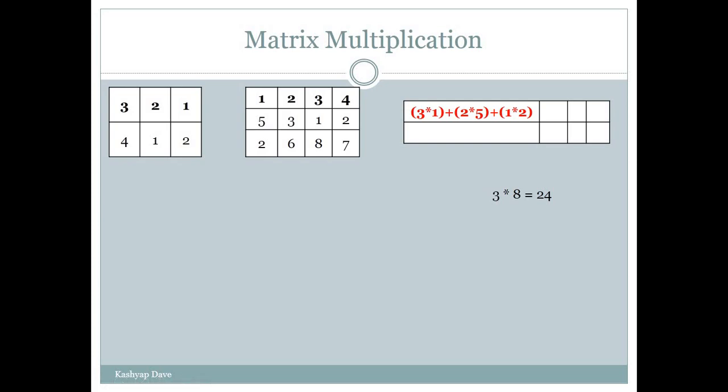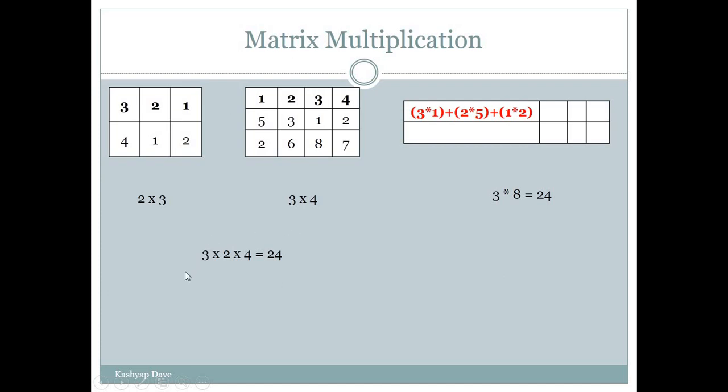Notice one thing: our first matrix is 2 cross 3 and our second matrix is 3 cross 4. So the total number of multiplications for the resultant matrix is in the order of 3 into 2 into 4, or we can write 2 into 3 into 4. Here 3 is common, because multiplication is possible only when the number of columns and the number of rows are the same.